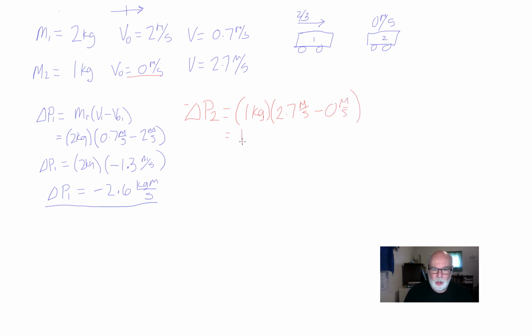So that's 1 kilogram times 2.7 meters per second, which gives us delta P2 of 2.7 kilogram meters per second. These are the 2 points that you would then graph in your data set.